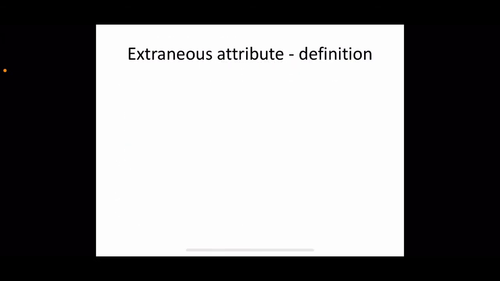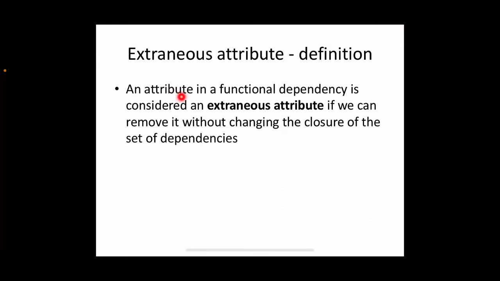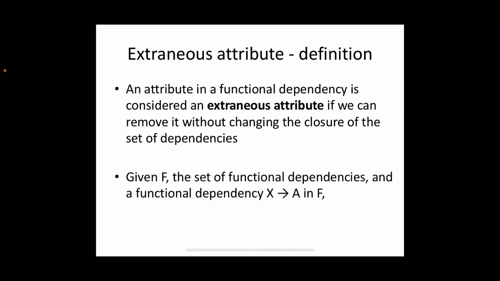The first step in finding the minimal cover, we have to find the extraneous attributes in a set of dependencies. An attribute in a functional dependency is considered to be extraneous if we can remove that attribute without changing the closure of the set of dependencies. So first we have to find out all these extraneous attributes and we have to remove them.